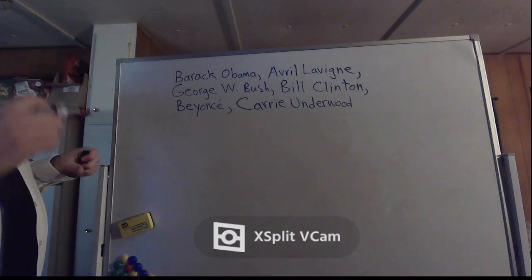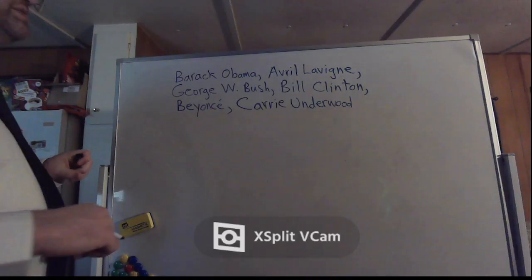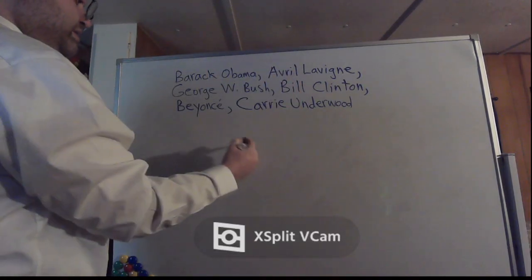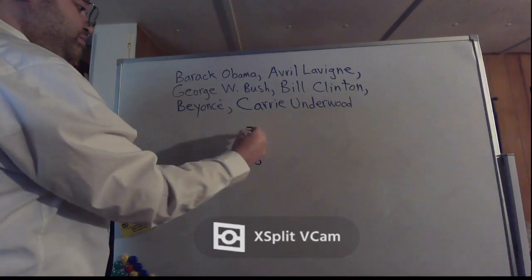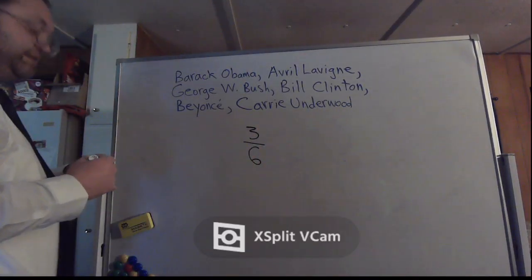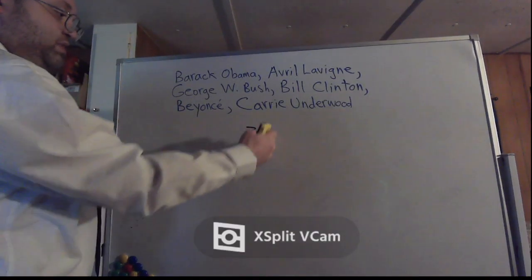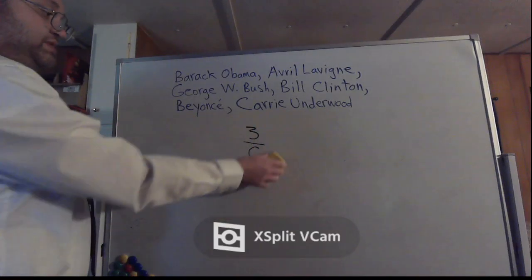We have some that are U.S. presidents and some that are senators. How many of them were U.S. presidents? Well, we got Barack Obama, George W. Bush, and Bill Clinton. So out of 6 names, a total of 6, 3 of them are U.S. presidents. So it's one set split into 6 names, 6 pieces. We have 3 of them being U.S. presidents.